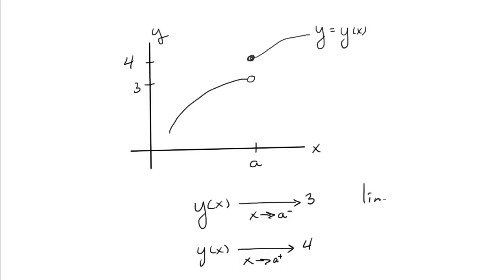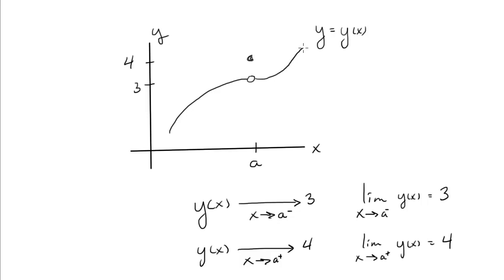Another way of saying the notation: limit as x goes to a from the negative of y of x is 3. Limit as x goes to a from the positive side of y equals 4. Same thing, different notation. This limit does not exist because they don't match.